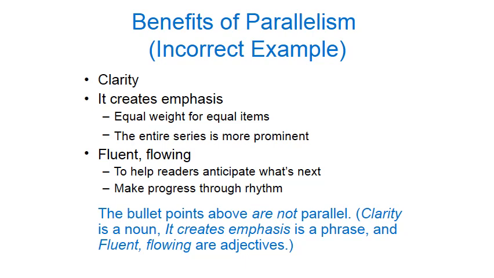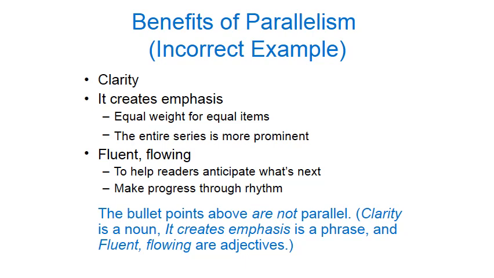So it brings clarity to your content. It creates emphasis, equal weight for equal items like cooking, jogging, and reading. Equal weight for three of them, and the entire series is more prominent, fluent, flowing, to help readers anticipate what is next, make progress through rhythm.